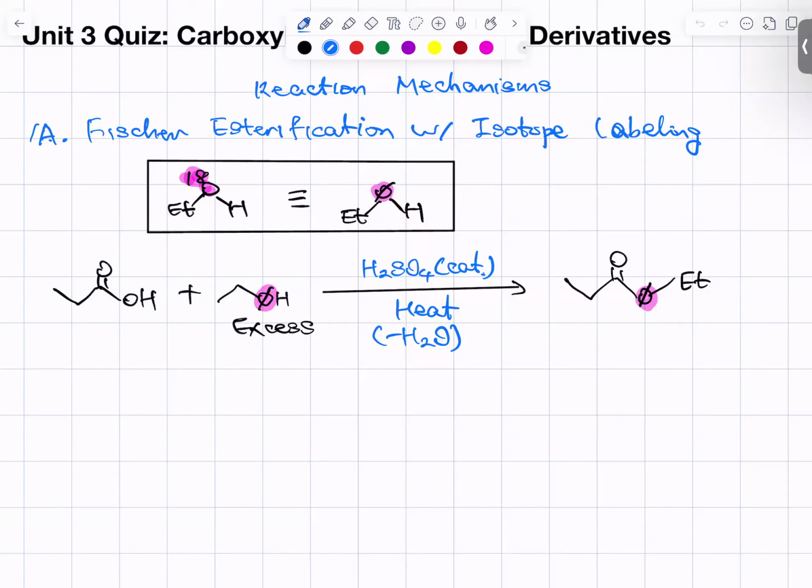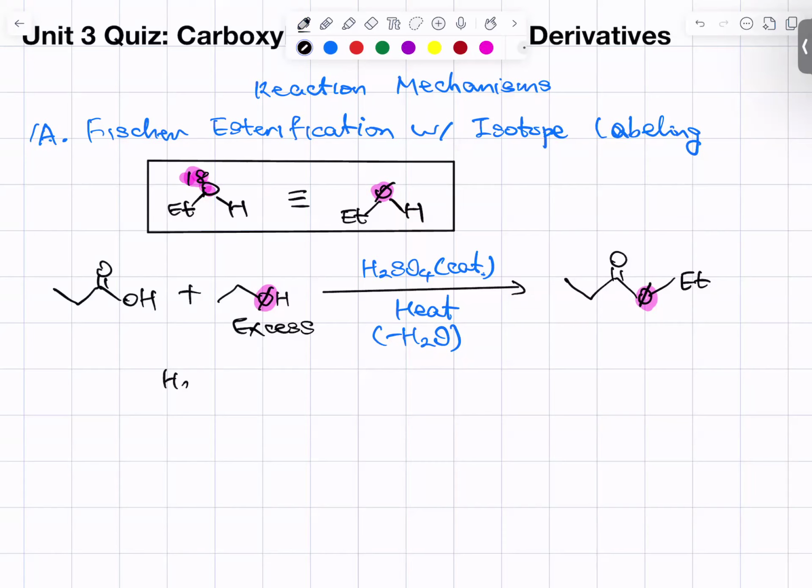Here, let's get started. We have an excess amount of alcohol. Usually that's the case to push the equilibrium toward formation of the product, and we have sulfuric acid. It must be an acid catalyzed or base catalyzed reaction because carboxylic acid is not reactive. So first, let's figure it out.